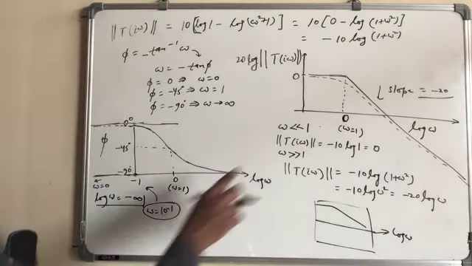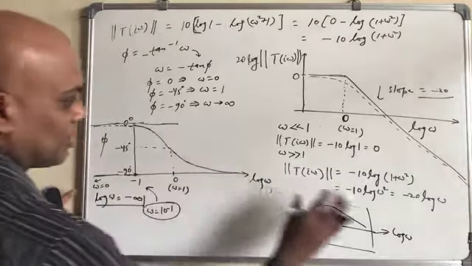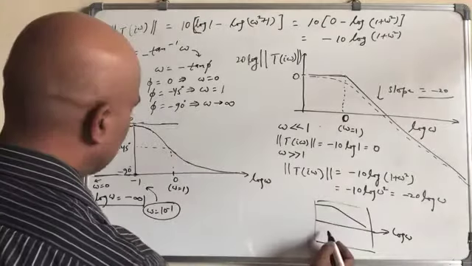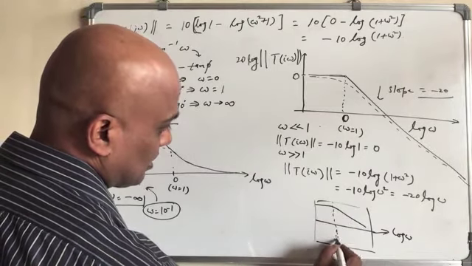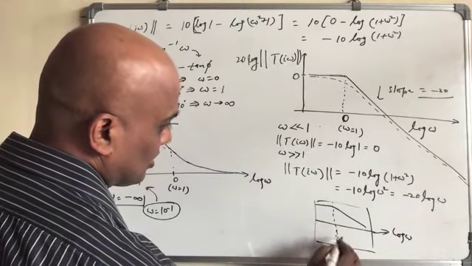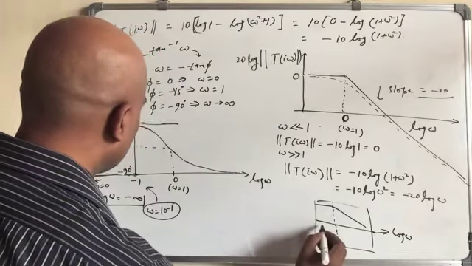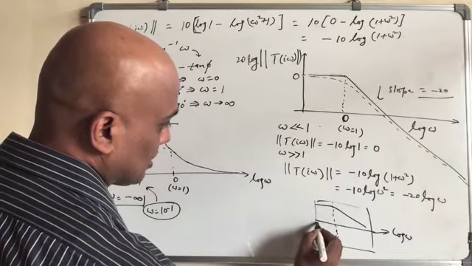If you have this one below this, then this will look like, this is log omega equal to 0, and hence you get something like this.